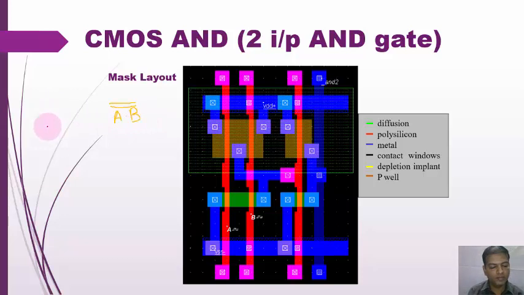Here we have to make it. So here we have shown the CMOS two-input AND gate mask layout structure.